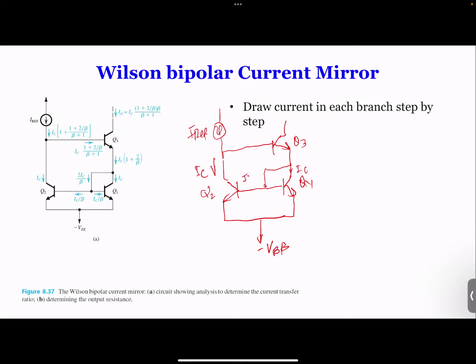So it's IC over beta, and here is IC over beta as well. This current coming this way and this current coming this way have to come from here. So that's why the current over here is going to be 2 IC over beta. And then how much is the current at the emitter of Q3?